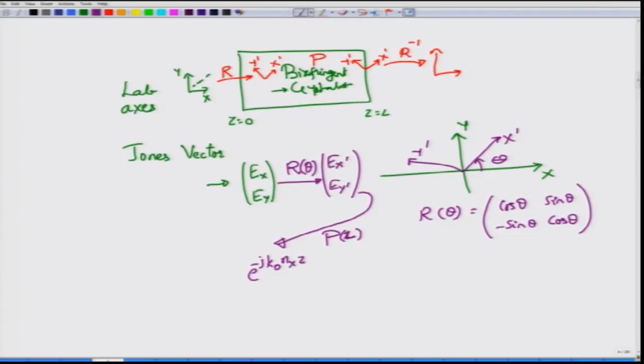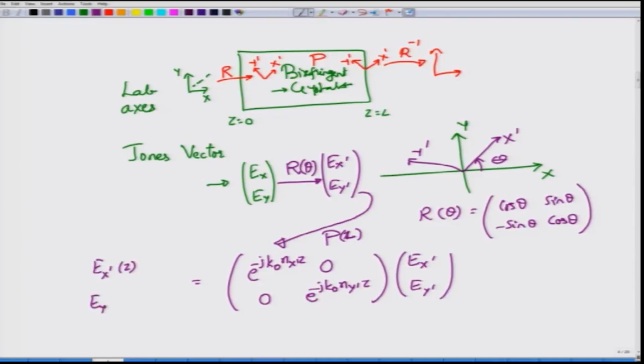So, this is the propagation matrix. You multiply this propagation matrix to Ex prime Ey prime to obtain Ex prime at z and Ey prime at z, that is right at the output or at any distance z in the crystal axis.